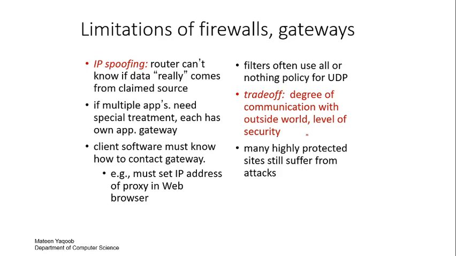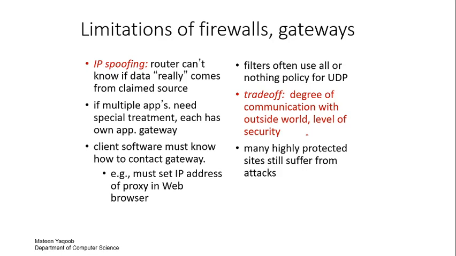So IP spoofing limits the functionality of firewalls and gateways. If IP spoofing is used by an intruder, the router filter cannot know whether the data is really coming from the claimed source.